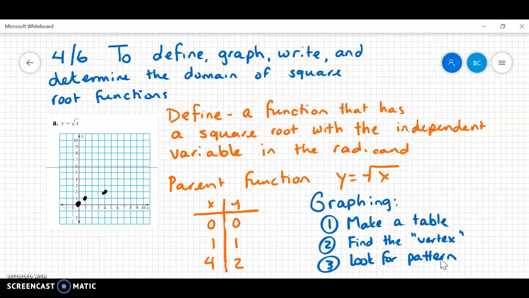So if I wanted one more point just to see the shape of my graph, the next one I would use is 9, because the square root of 9 is 3. So my graph is going to look something like that. And again, that's the parent function of a square root function.